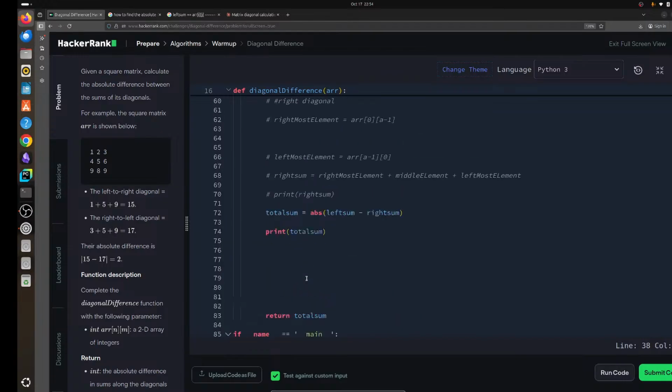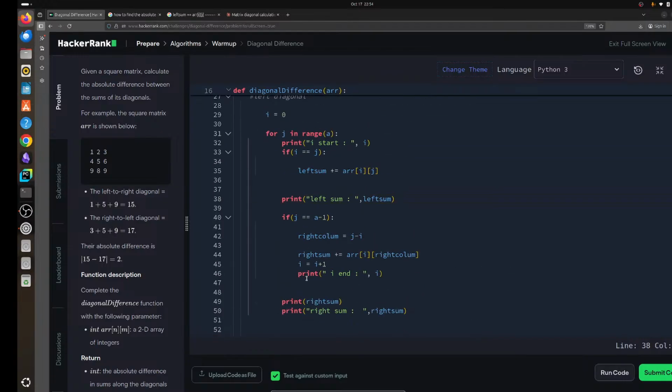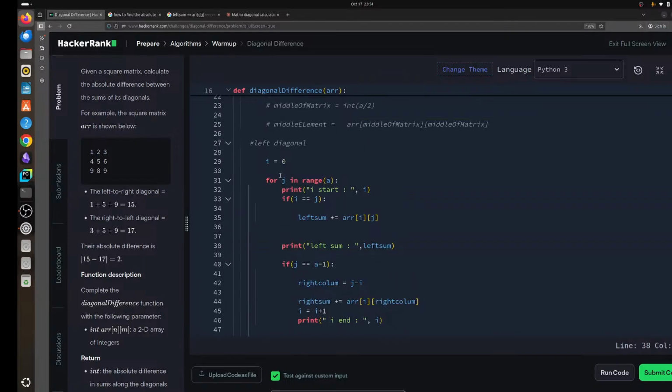So let's consider I in range. J will start and J will increment here. No. Where will J increment?